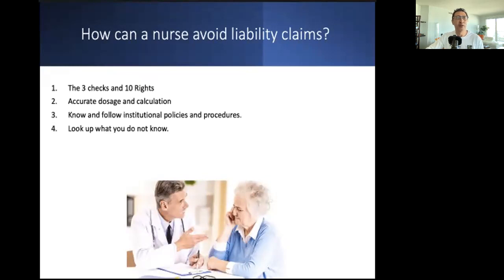Know and follow institutional policies and procedures, because Sunrise system is different than Spring Valley system. They do things differently. Usually we keep students in the same healthcare system, but sometimes maybe you've been with Valley for the past few semesters, and now you're going to Sunrise.